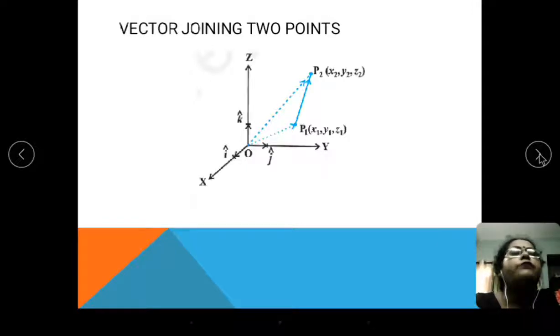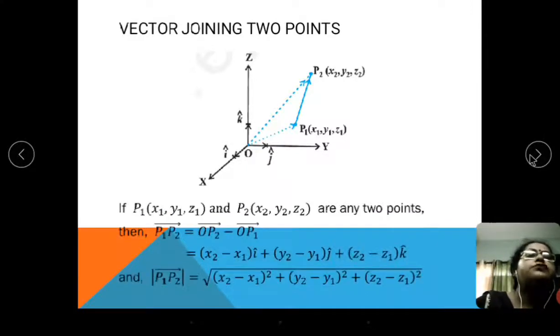And now we have to apply the triangle law to this triangle OP1P2. If we apply the triangle law, OP1 plus P1P2 will be equal to the third side OP2. So from there, P1P2 is equal to OP2 minus OP1.